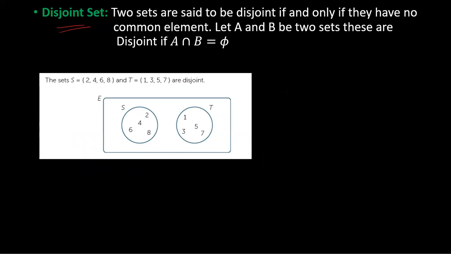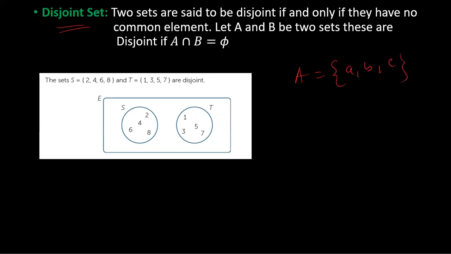Now disjoint. Two sets are said to be disjoint if they do not have any common elements. I have given an example: 2, 4, 6, 8 in the set S, and in the set T 1, 5, 3, 7. In these two sets, there are no common elements. So these two are disjoint sets. I can give you another example.